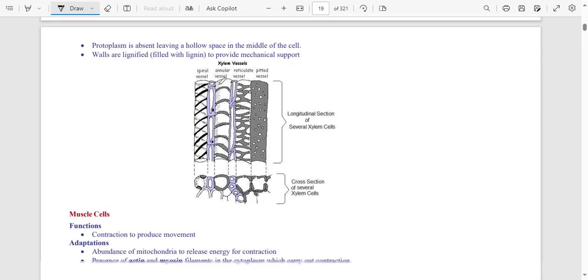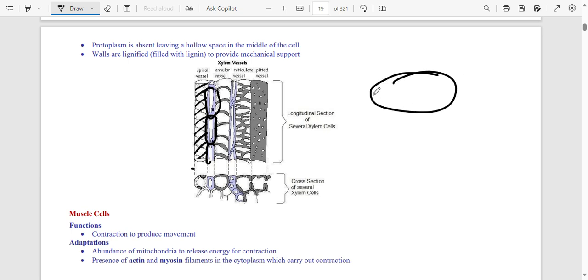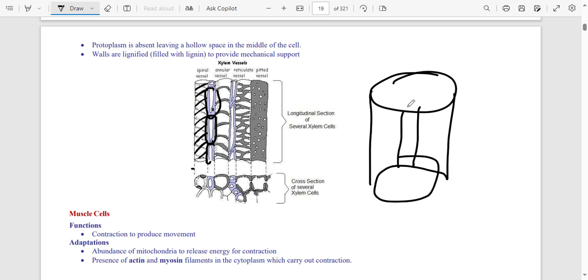Okay, so if you look at this cell here, this was supposed to be one cell, this is another cell, and this is also another cell. You have one cell here and then a different cell here. Now these cell walls are going to be broken, they are going to be perforated.